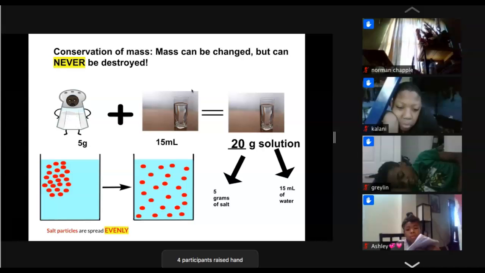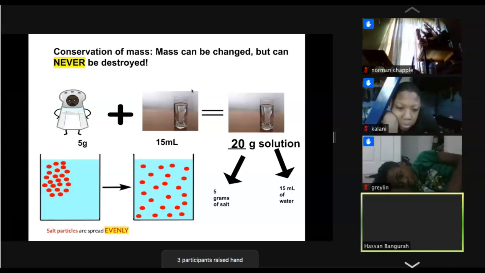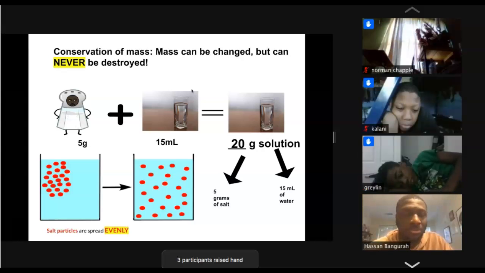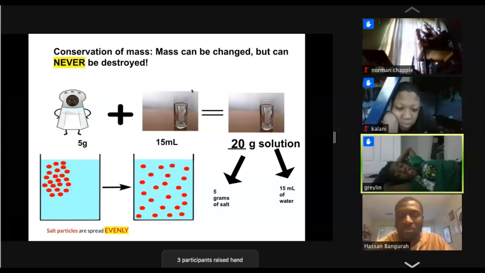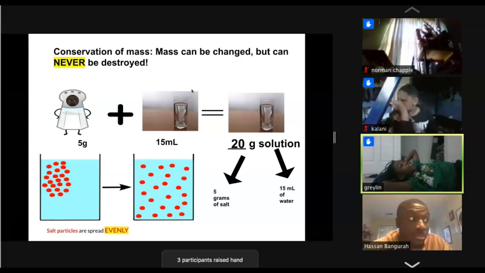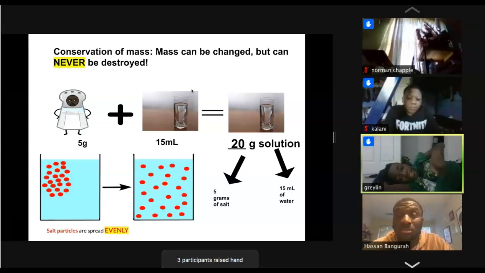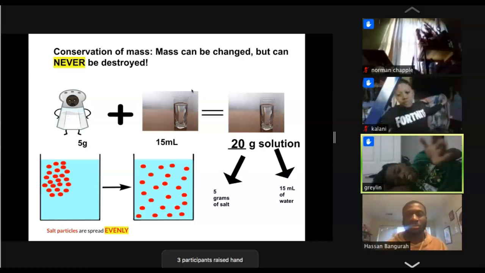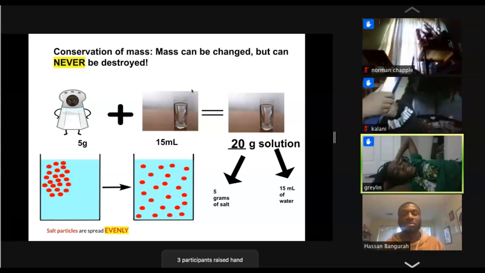Tell us what you thought at first, and then what you think now, and why. At first I thought it would increase, but now, since there's the same amount of salt in the Kool-Aid and inside the water, I think it's the same.